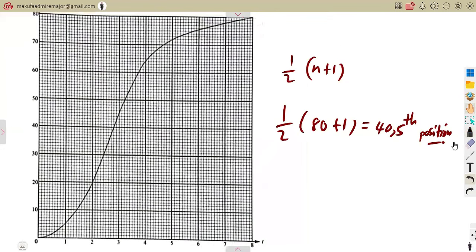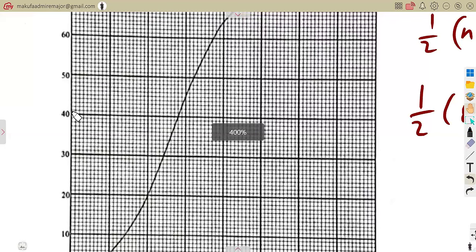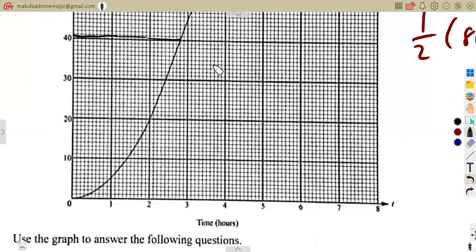So 40.5 is a position that you are considering, in between 40 and 41, each box being 40, 41. You draw it straight across your graph using your ruler, then take it straight down from that point to the axis. This corresponds to about 2.8 as the actual value of the median.